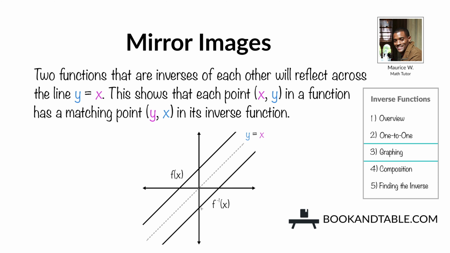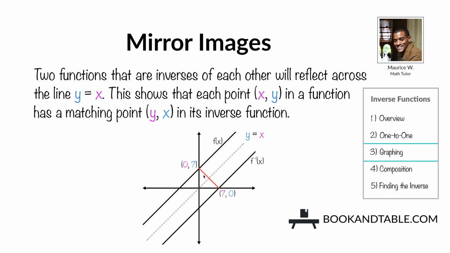Now let's say in f of x we have a point (-1, 3) here. If we reflect across y is equal to x, we see that we'll have the point (3, -1), the result of switching the original x and y. Let's say we have the point (0, 7) on f of x.